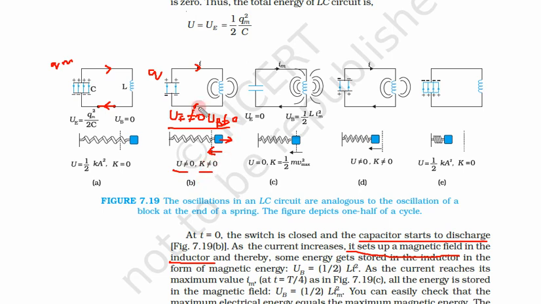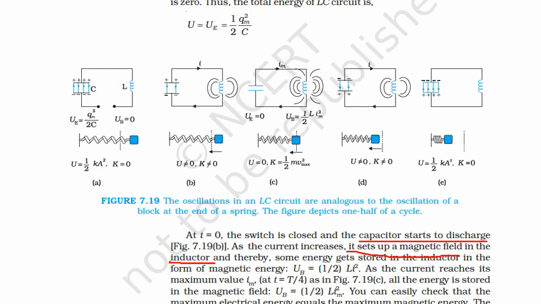So the capacitor started discharging and is providing current to this inductor, and a magnetic field is being set up in the inductor. So magnetic energy is also taking place here.